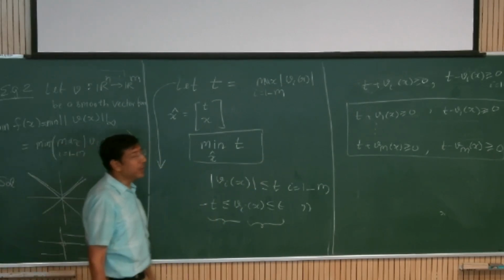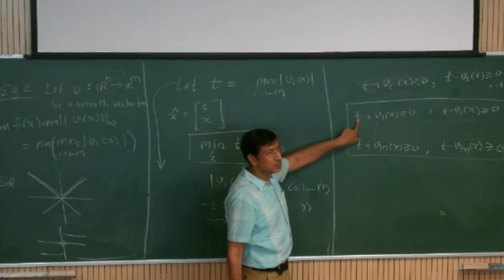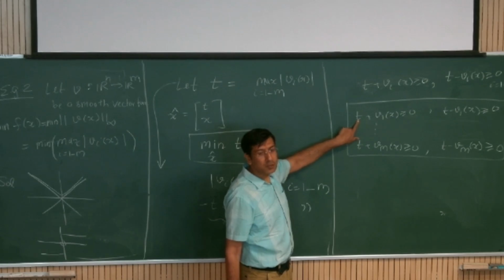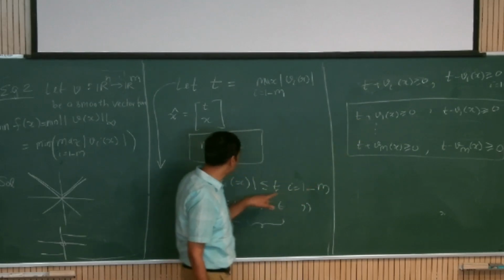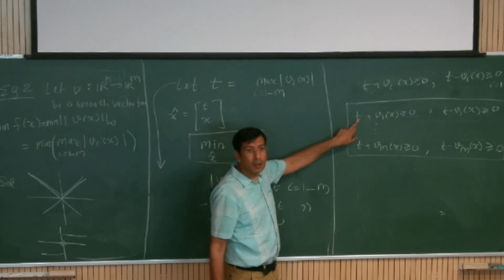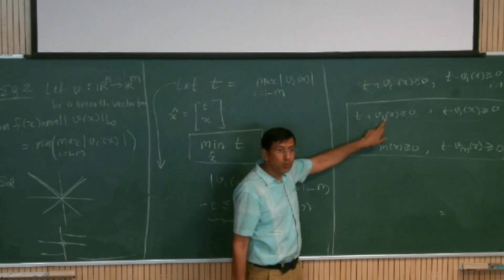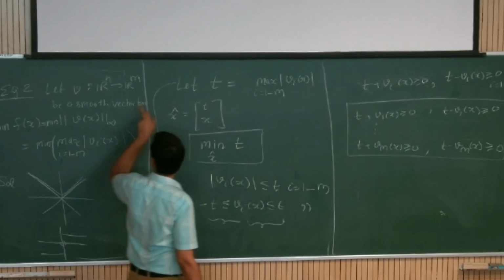So now let's look at the constraint. Is this C infinity? Is this smooth? Yes, it's a linear function of t because x hat is just t and x. So this is smooth. Is this smooth? Why? Because it's given to be a smooth function, right?